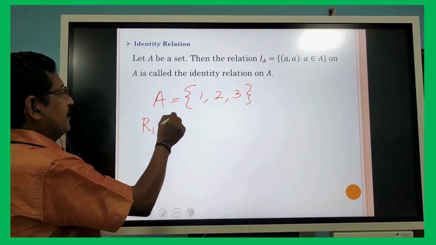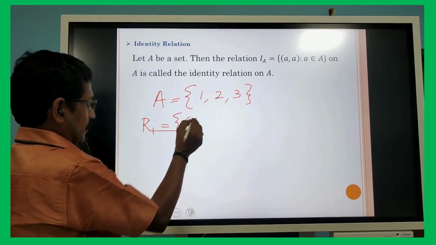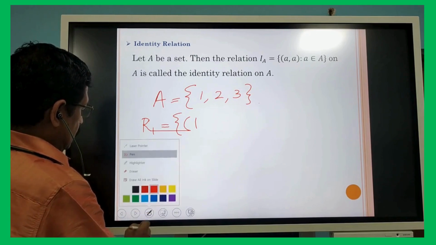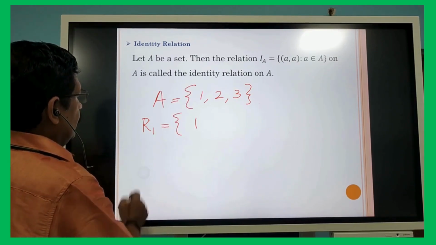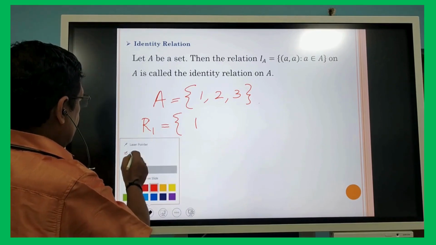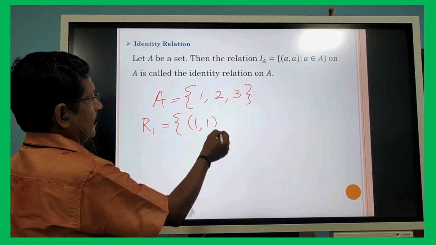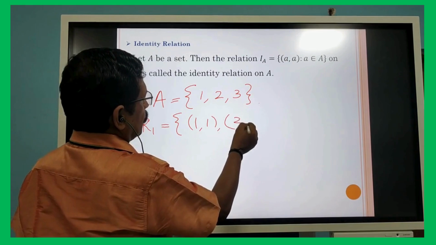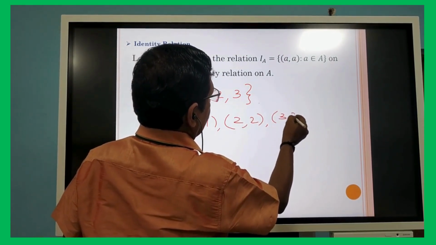This relation is the ordered pairs (1, 1), (2, 2), (3, 3).